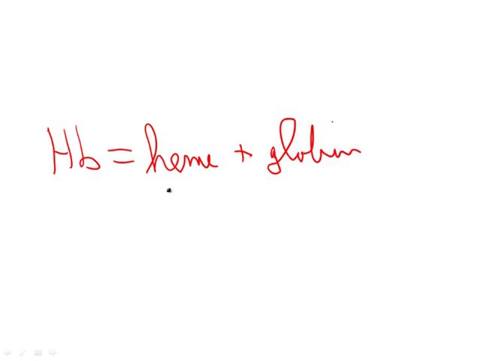All right, and you know that heme is essentially composed of iron plus protoporphyrin. I'm just going to say proto here, P-R-O-T-O. Then, if you understand this basic biochemistry, it's not hard to recognize the causes of microcytic anemia.